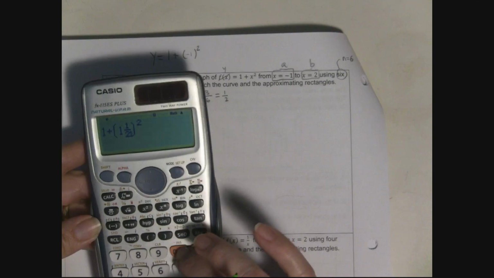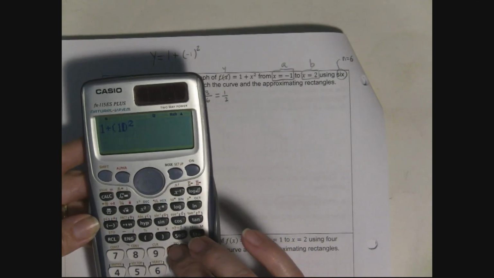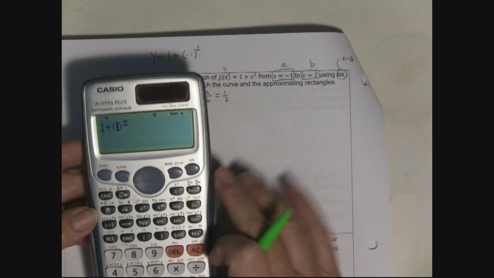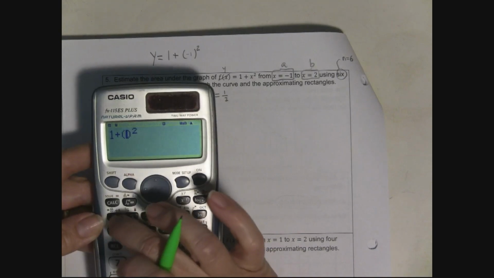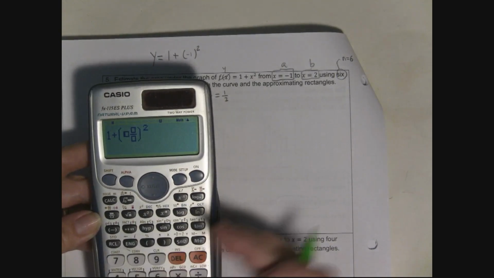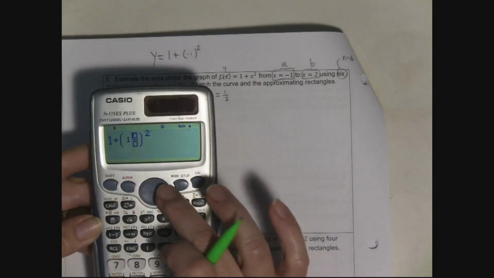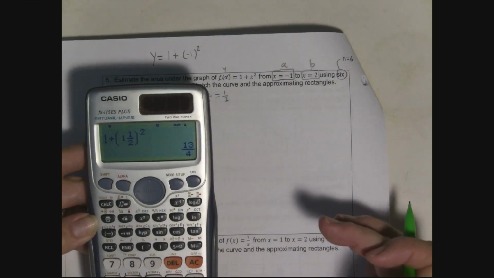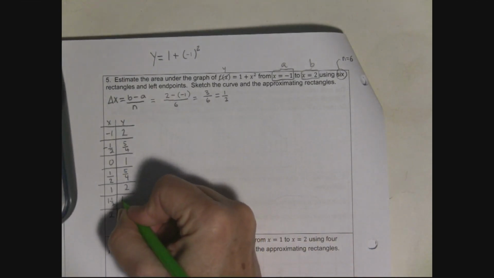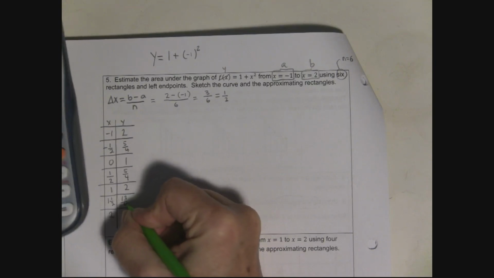So if you want to put it in as a mixed number, you have to hit shift and then this key right here, and then now I can put in 1 1/2. And it will do it correctly, 13/4. So the way that I was about to do it would not have done it correctly.